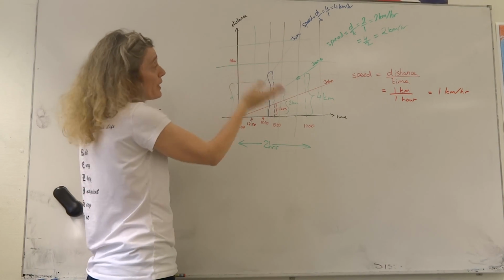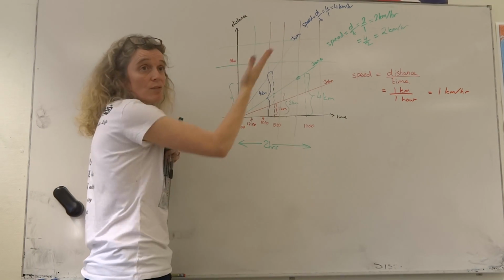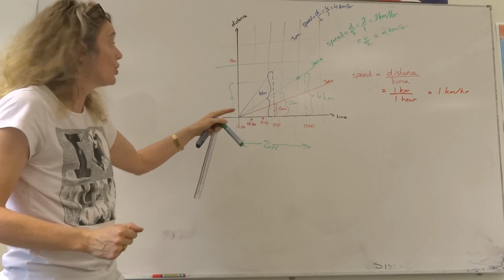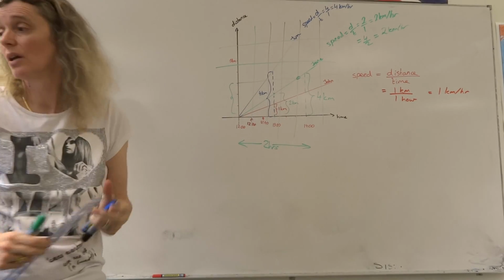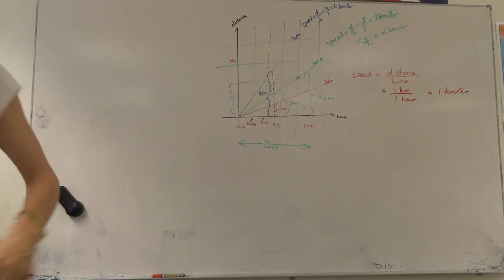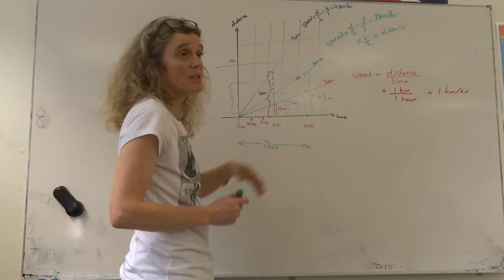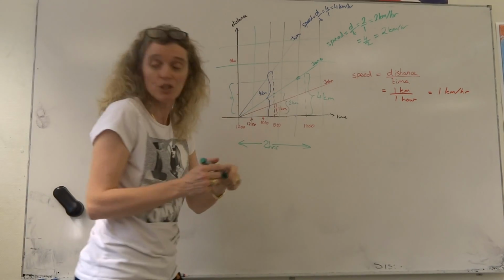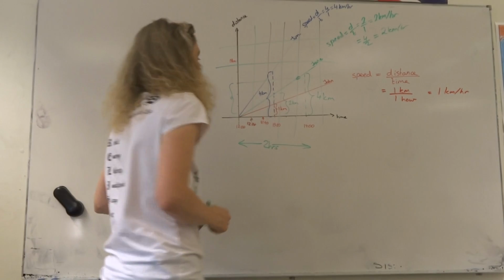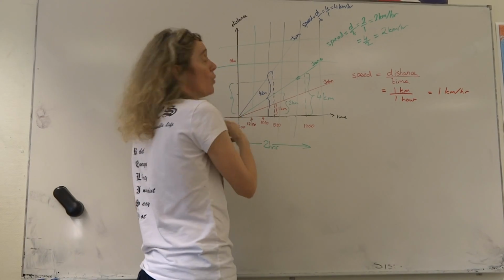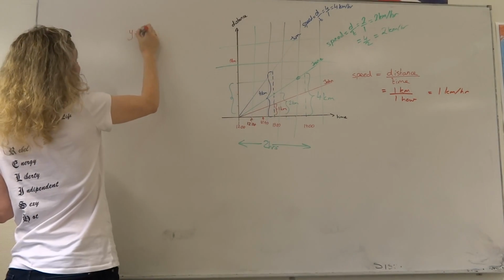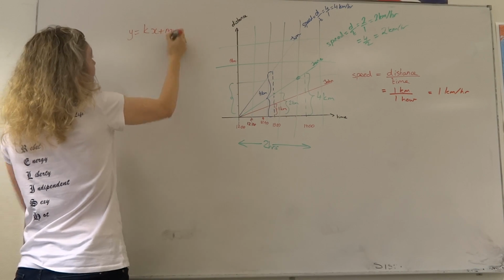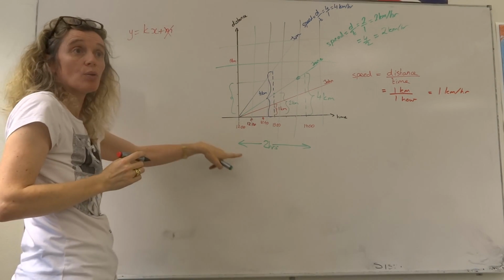So speed time diagrams are really quite easy when you've got straight line equations. And you could represent all of them by an equation. It's really easy. We now know how steep these lines are. The equation y equals kx plus m. None of them are going to have an m, because they will go through the origin.